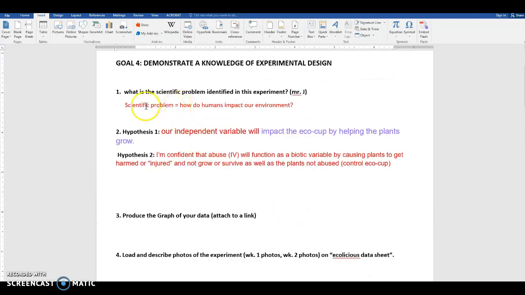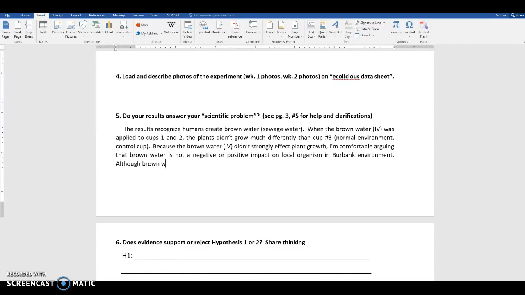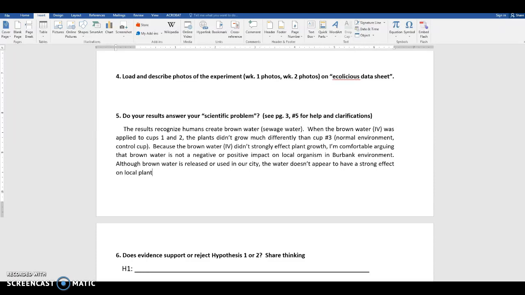So to go back to the problem, our scientific problem was, how do humans impact our environment? Well, although brown water is released or used in our city, the water doesn't appear to have a strong effect on local plants.